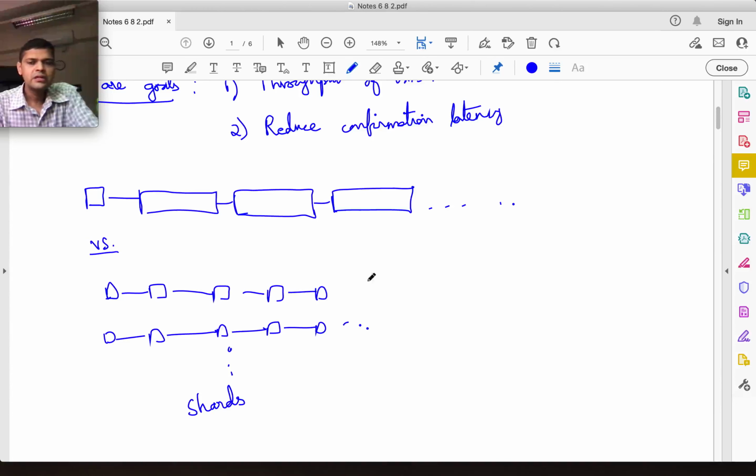And the question is, are these equivalent if you have, let's say, miners working on multiple shards simultaneously?